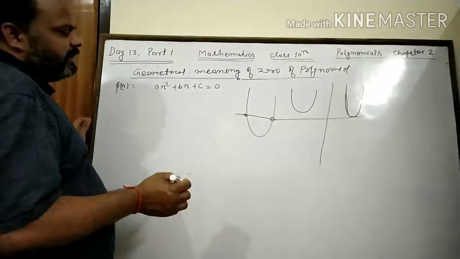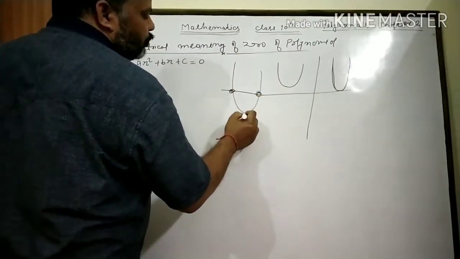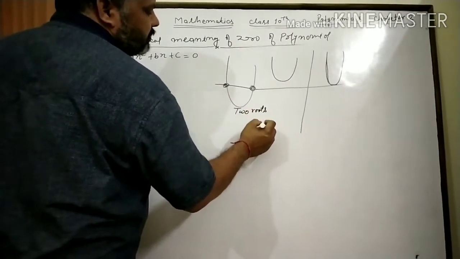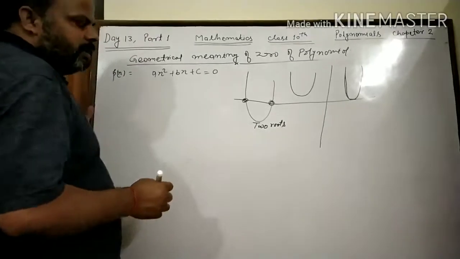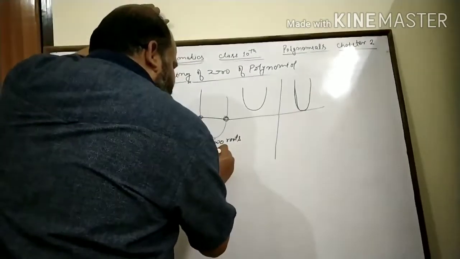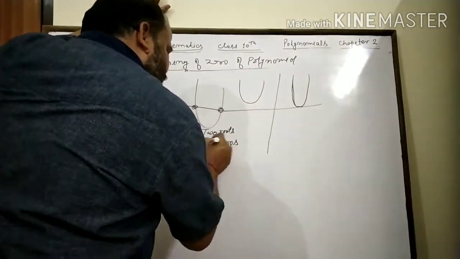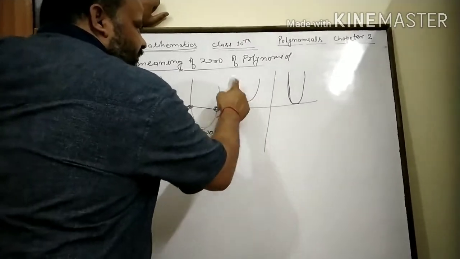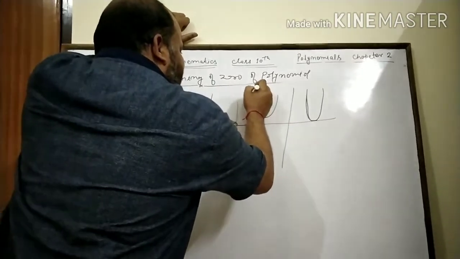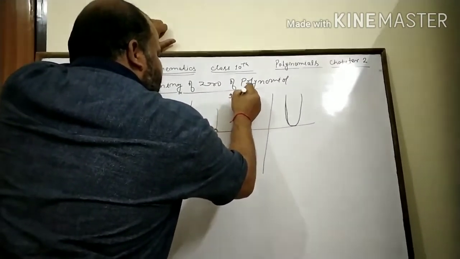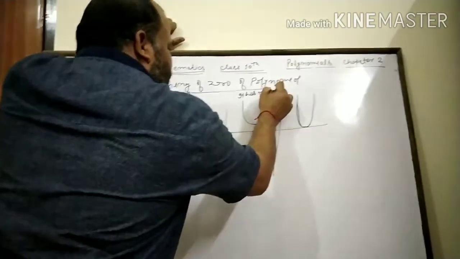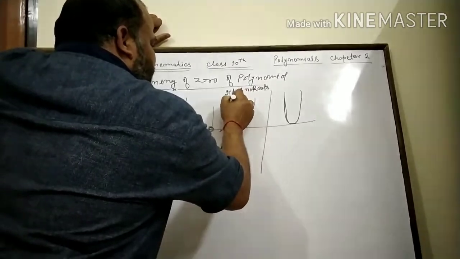In this case, it has two roots. Clear? And it means two zeros. And if the parabola does not touch the x-axis, it means it has no root or no zero.